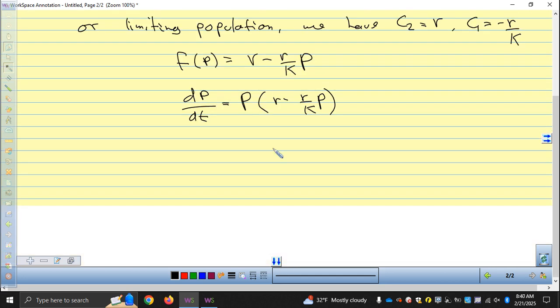And then just to make this easier to write, we let r equal a and r over k equal b. In that case, we end up with dp dt equals p times a minus bp.